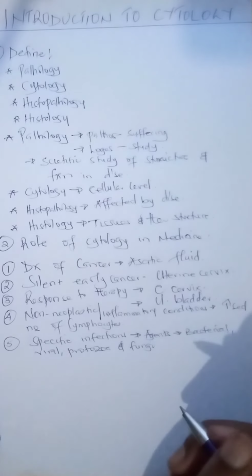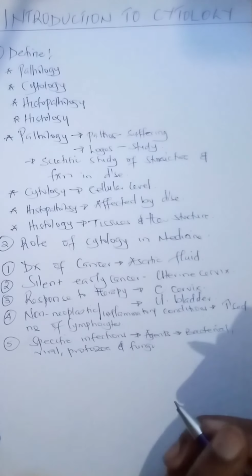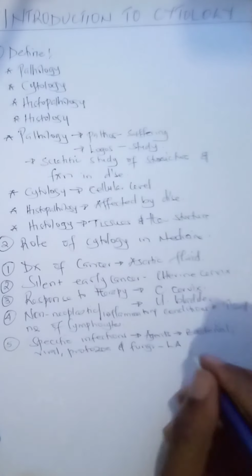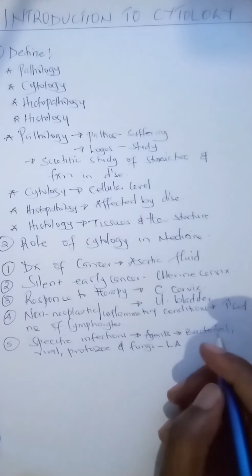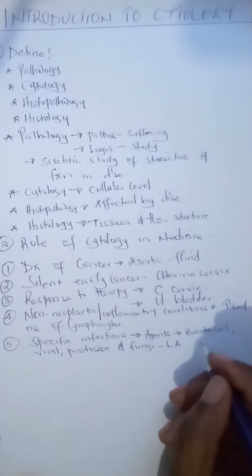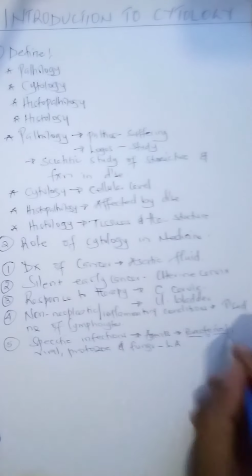For example, detection of tubercle bacilli in lymph node aspirates. So we can pick the sample cytologically from the lymph node and examine and find tubercle bacilli, which is a bacteria in nature.